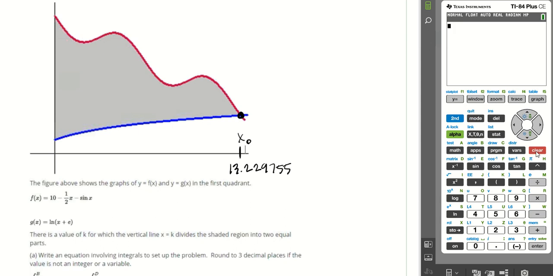And I'm going to store that number into my calculator. So it's going to be 13.229755. I'm going to use the store button to store it to variable a or whatever. And you press enter, and it's like, okay, when you say a, I'm going to know that means 13.229755.